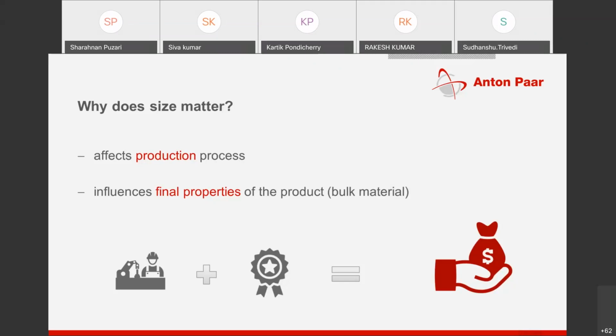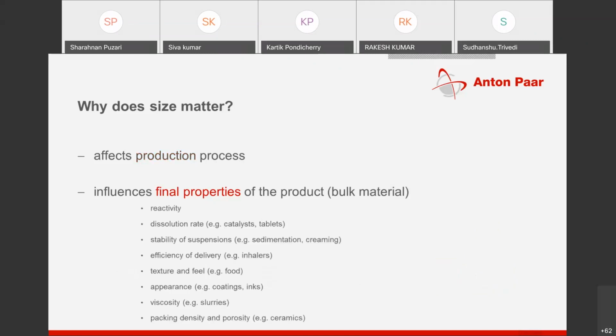If I say final properties, the question arises, which kind of final properties? It could be reactivity, or dissolution rates, for example, catalyst in your cases, tablets, stability of suspensions, that is sedimentation or creaming, efficiency of delivery, that is aerosols, texture and feel, that is for the food industry, appearance like coatings and inks, viscosity, that is slurry.